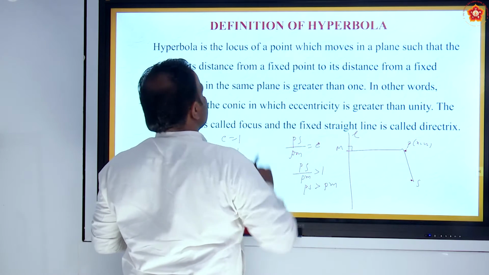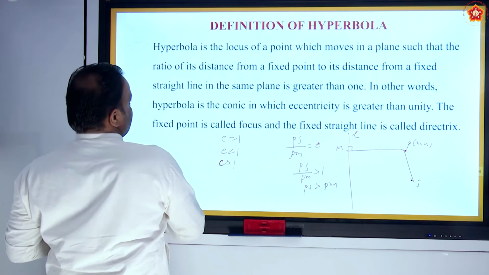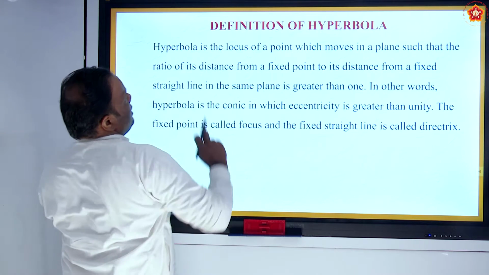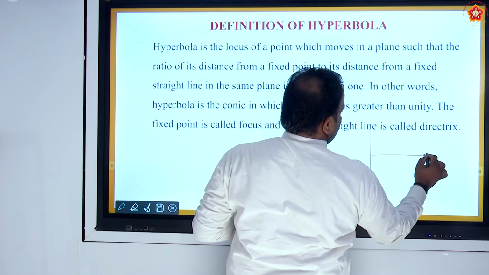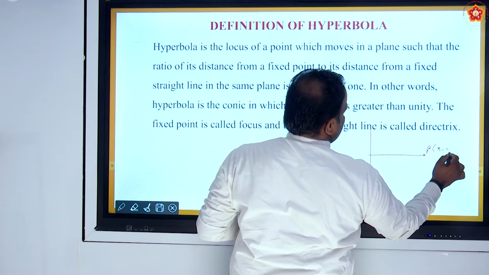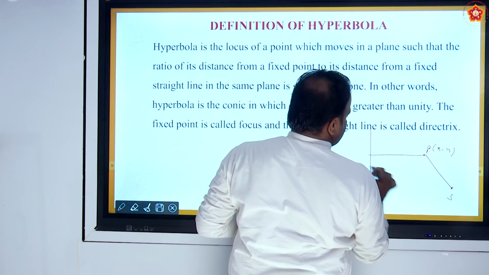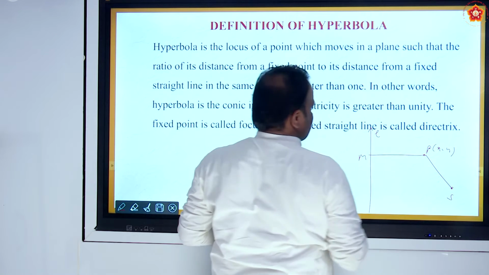See what the actual definition is here. Hyperbola is the locus of a point, P, the moving point. S is the focus, L is the directrix.